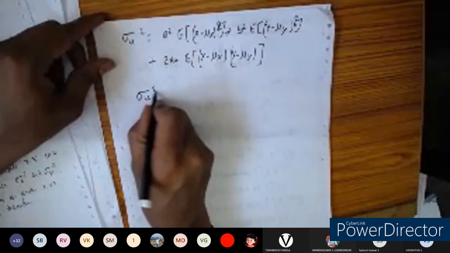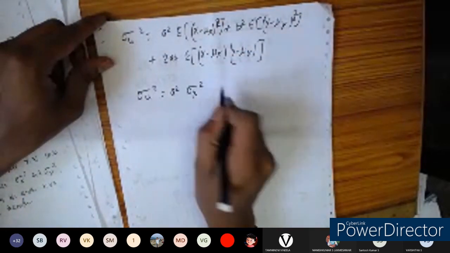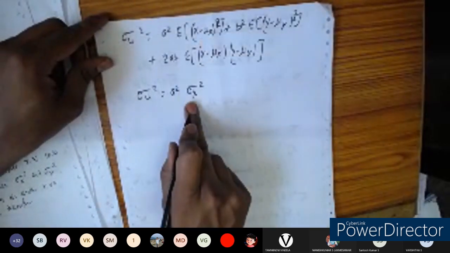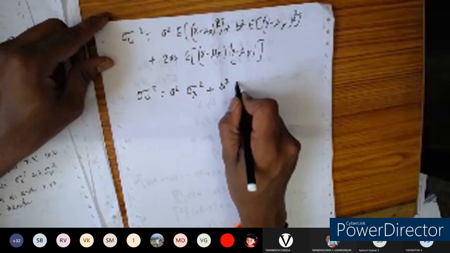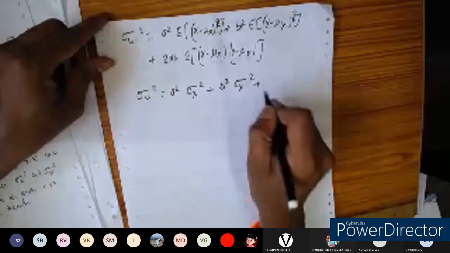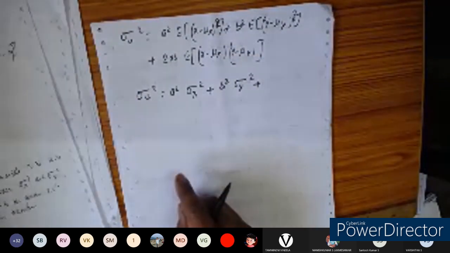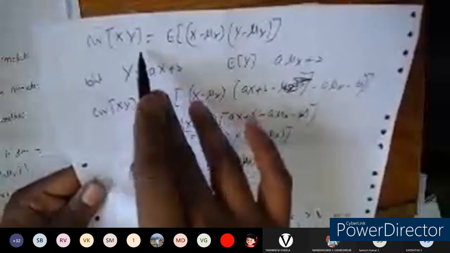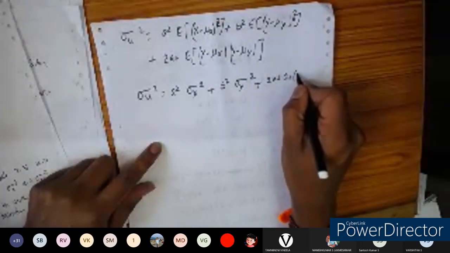So we can write sigma u square is a square into sigma x square, plus b square into sigma y square, since y minus mu y the whole square is the variance of the random variable y, plus 2ab into the expectation of x minus mu x into y minus mu y, which we have already seen in the last classes is the covariance of x comma y.